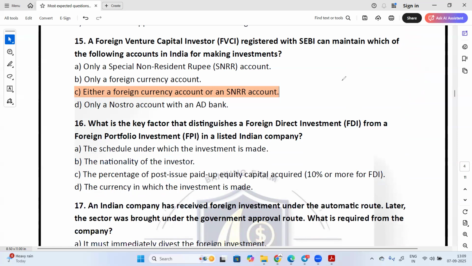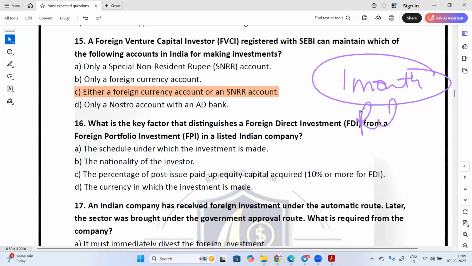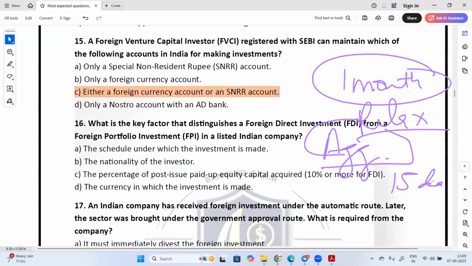If you are going for our course, you should have a minimum of 1 month, and in 1 month you can prepare relaxedly for the exam. If you want to prepare aggressively, 15 days are enough to clear the exam if you have some knowledge related to foreign exchange.